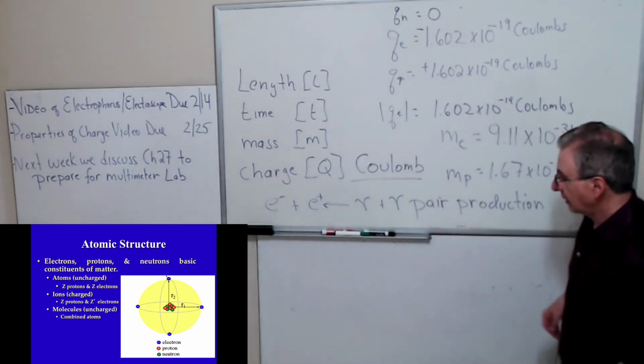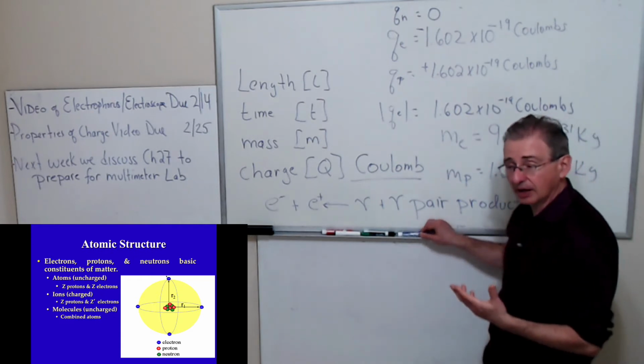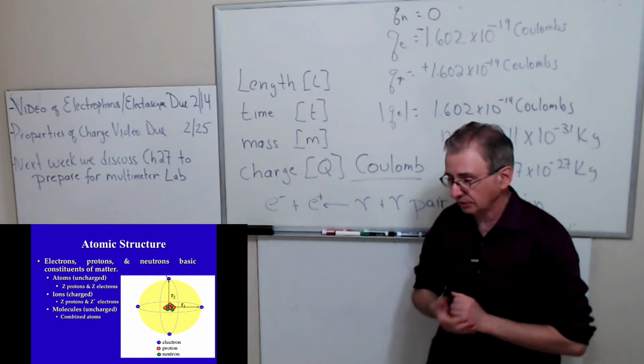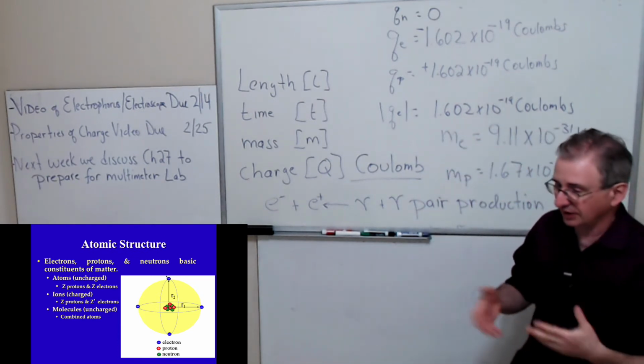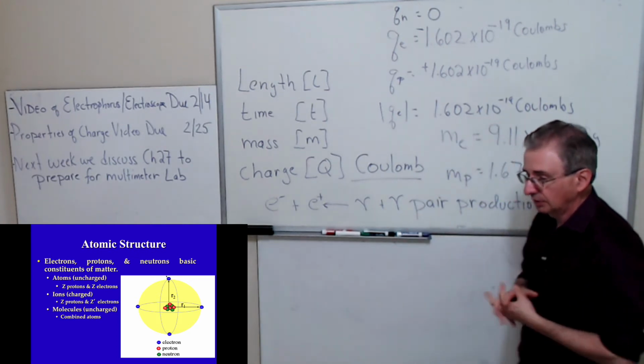So in order for us to understand a little bit about the electrical properties of matter, I have to say a few things about atomic structure. So I'm going to spend a few minutes talking about it. You might have seen some of this in chemistry already if you've had chemistry, but anyway, I want to go through it.